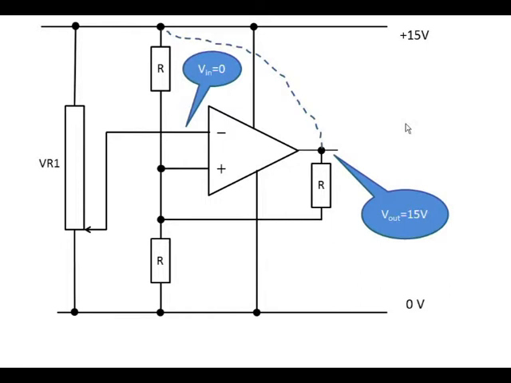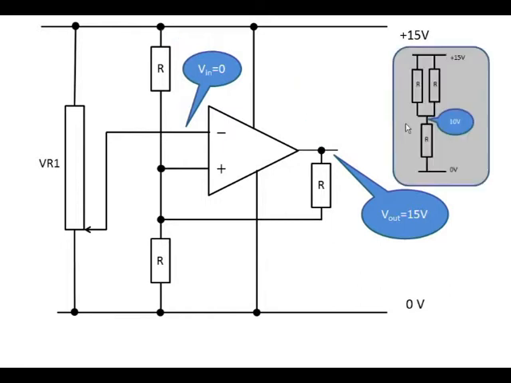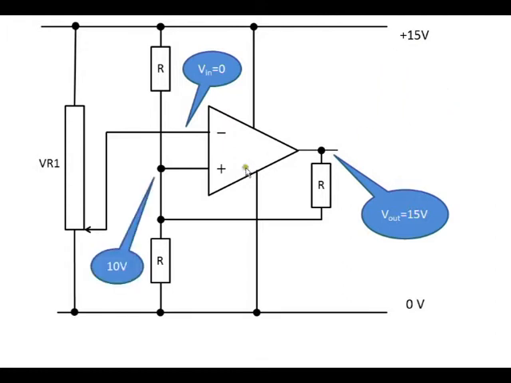That effectively puts it in parallel with the resistor here. So in other words, the combination of these three resistors forms this particular configuration, and that results in 10 volts appearing on the non-inverting input.